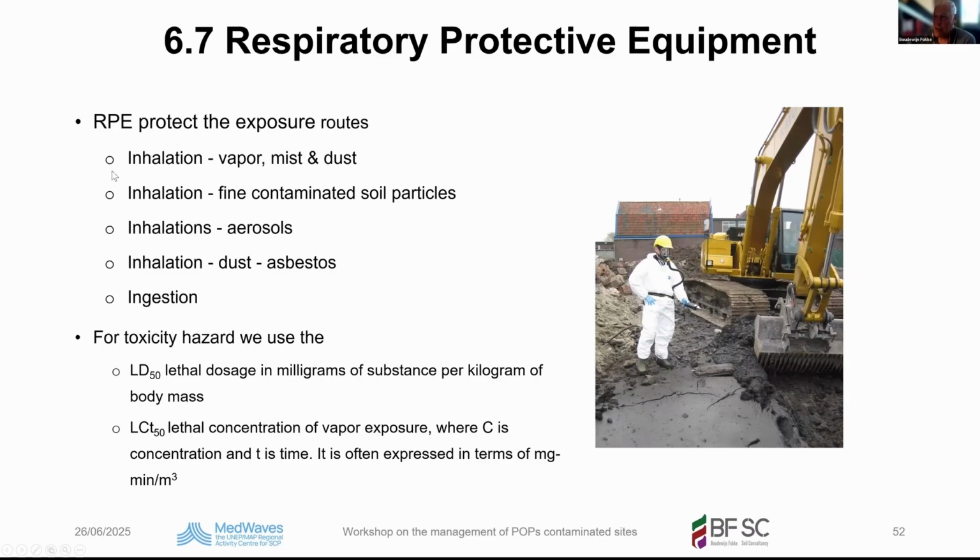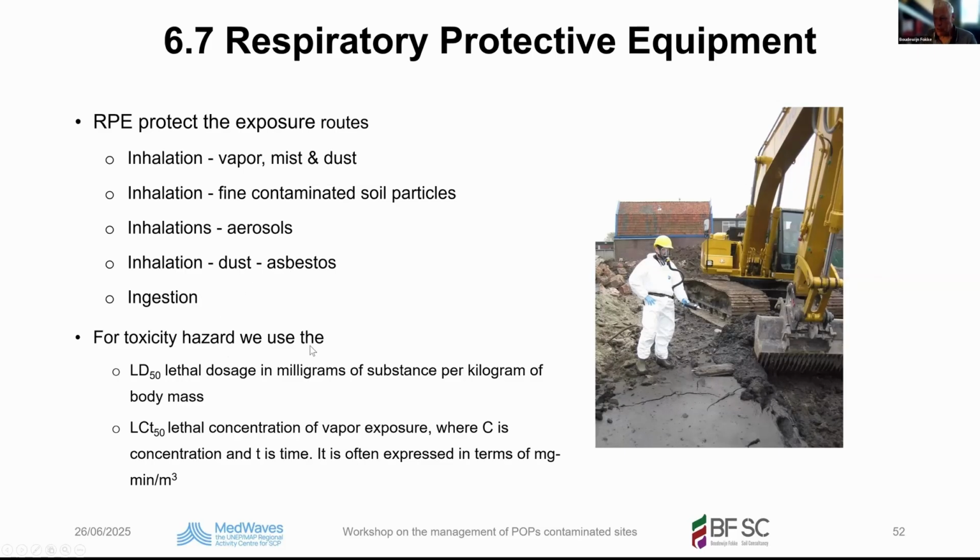So these are the protection of the exposure pathways when you use a mask. So this guy, full face mask, and here he gets the air supply from behind, but he protects against vapor, mist and dust, fine contaminated soil particles, aerosols, dust, asbestos, and ingestion.